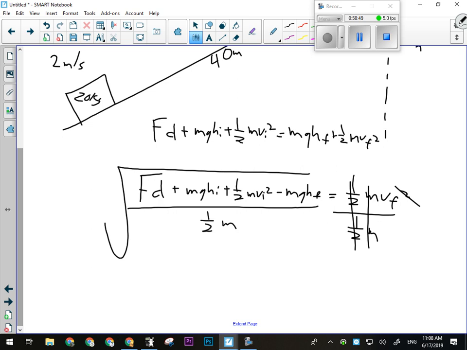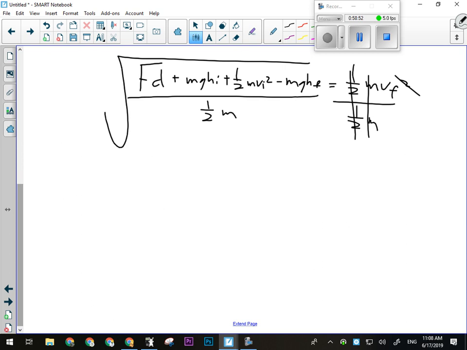Now when I plug in my numbers, as David just pointed out, my initial potential energy is 0 because I have no height. It starts at the bottom of the ramp.